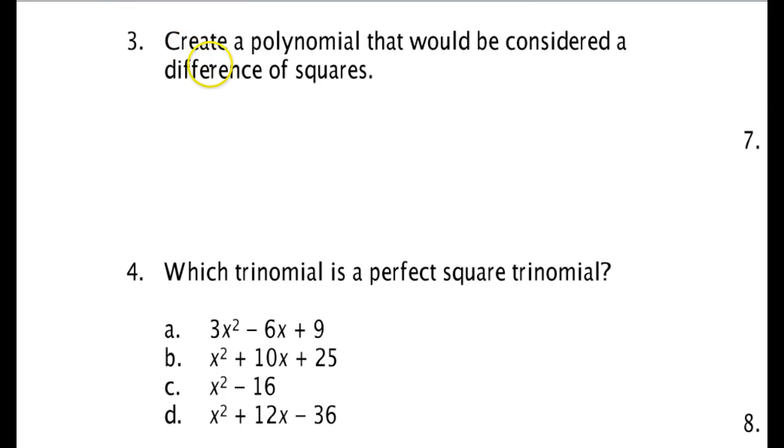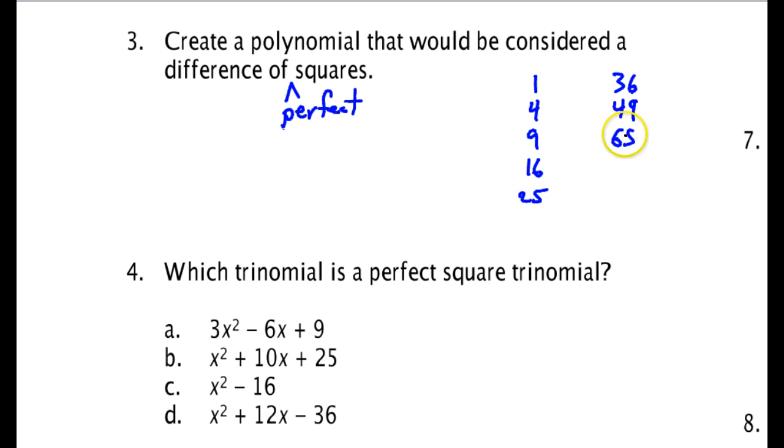Create a polynomial that we considered a difference of squares. Squares, remember we're referring to perfect squares. So we're talking about numbers such as 1, 4, 9, 16, 25. We've seen these in class every day. 64, 81, 100.